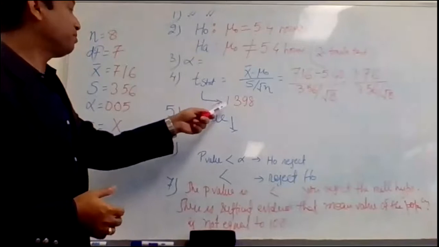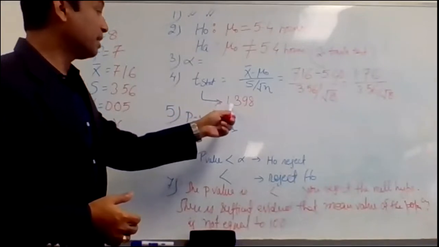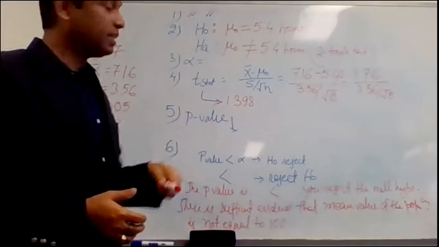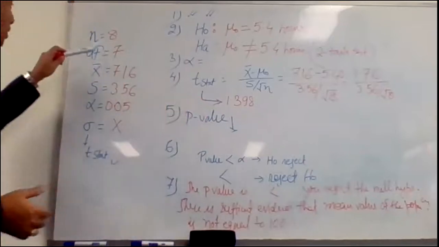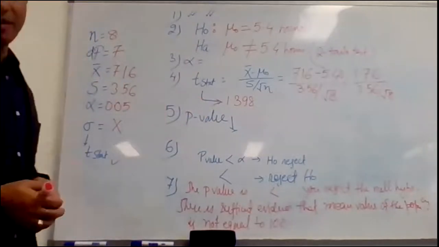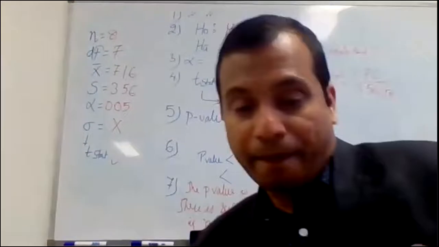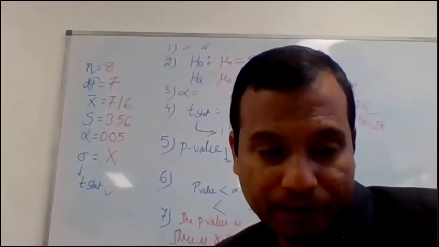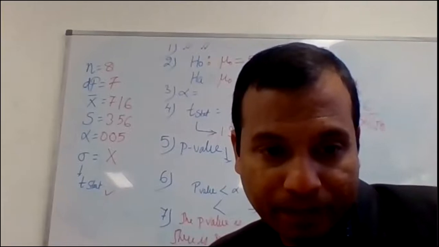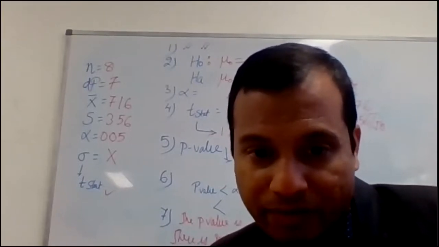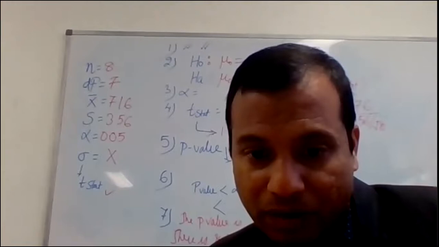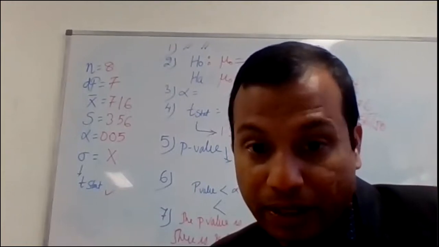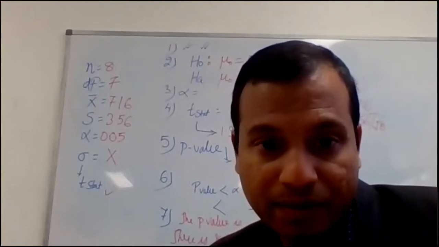Go back to your t-stats table and find out what is the degree of freedom? 7. 0.10. Let others do it as well. So I'm also going through the p-value, like the t-stats.